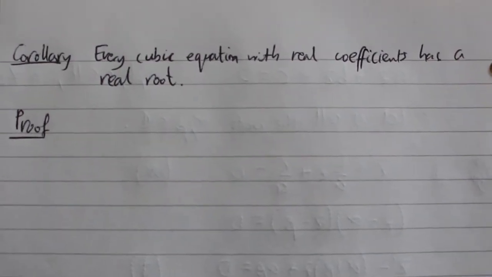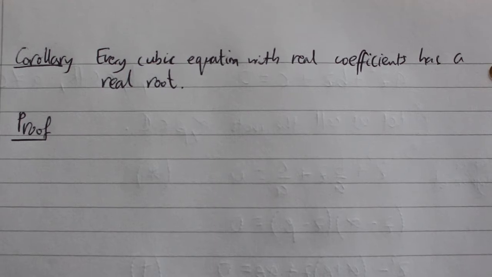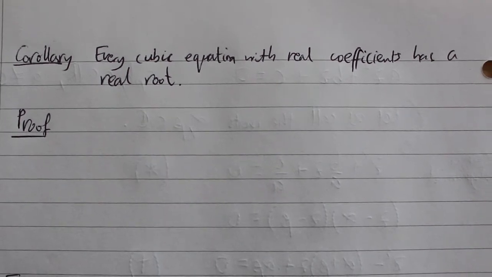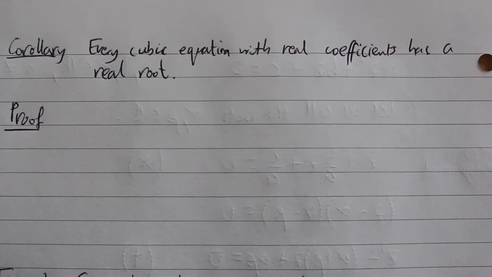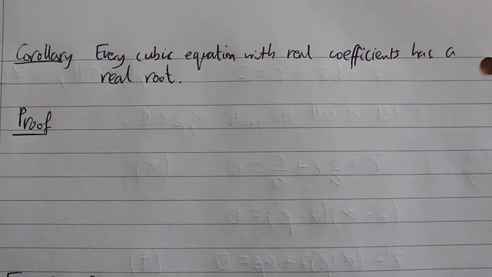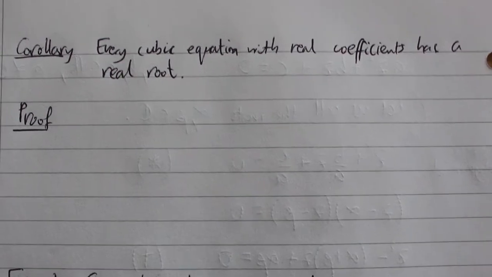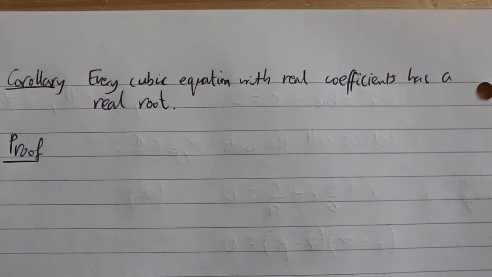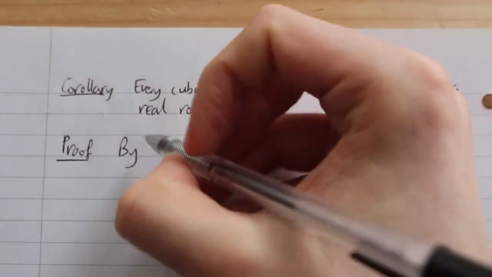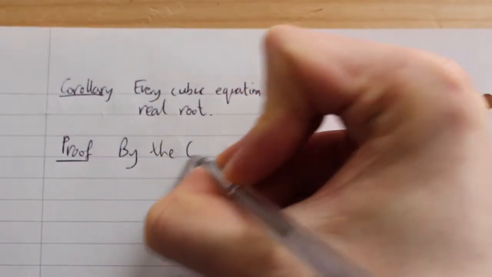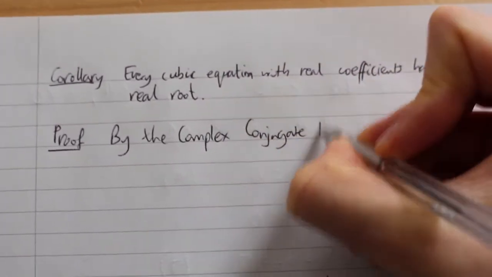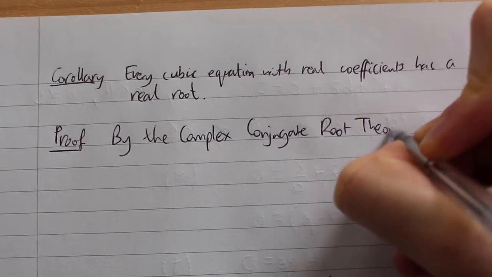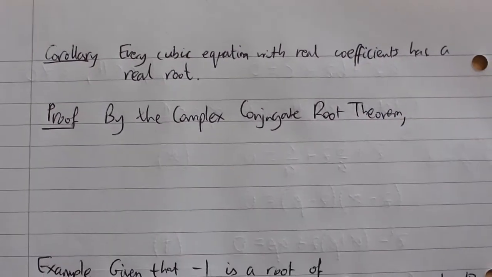So consider this corollary. A corollary is a result that follows from a theorem, or that follows from another result. And our corollary says every cubic equation with real coefficients has a real root. So why is this true? Well, we know by the previous theorem, the complex conjugate root theorem, complex roots occur in conjugate pairs.